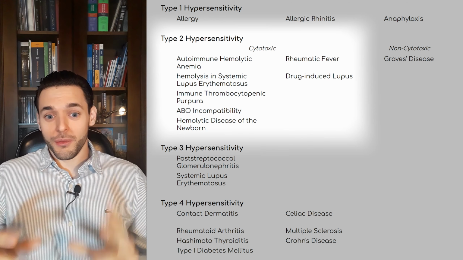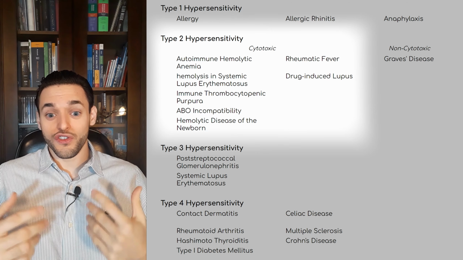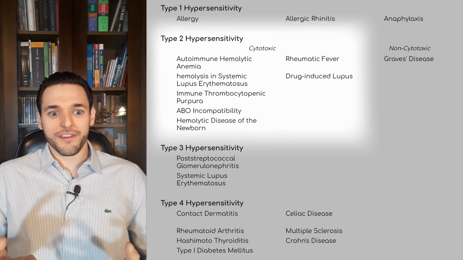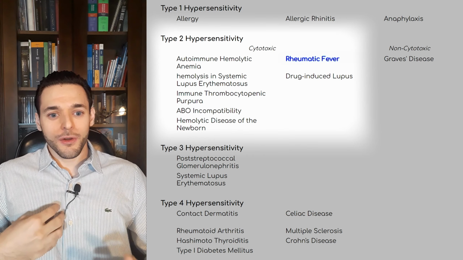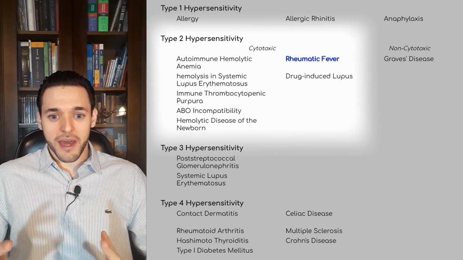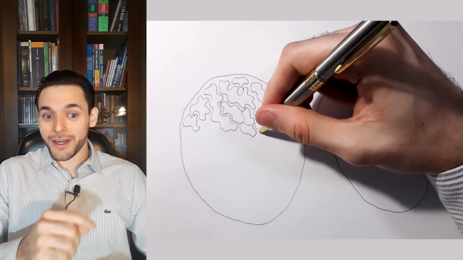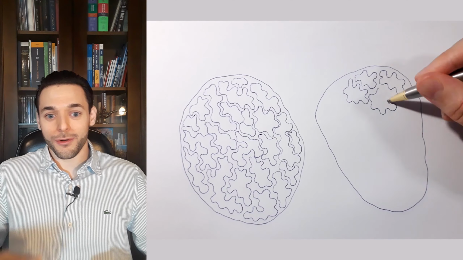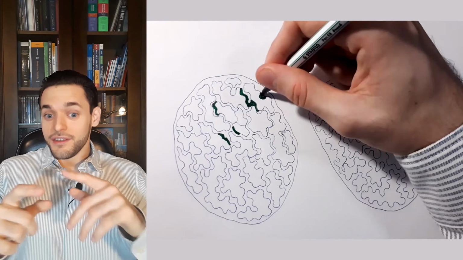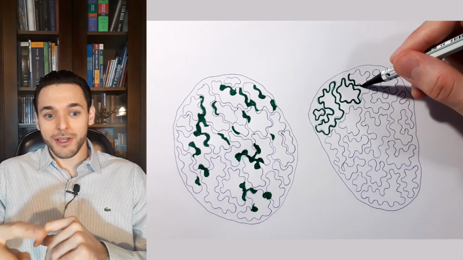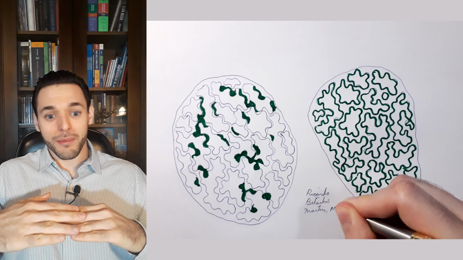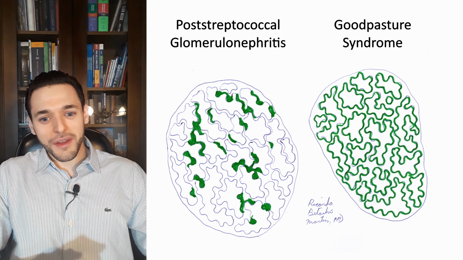But examples of immunoglobulin cytotoxicity including solid organs also exist. Besides acute rheumatic fever, which we've already mentioned, we have a differential diagnosis for post-streptococcal glomerulonephritis, a disease that also includes damage to the glomerular basement membrane, Goodpasture syndrome.